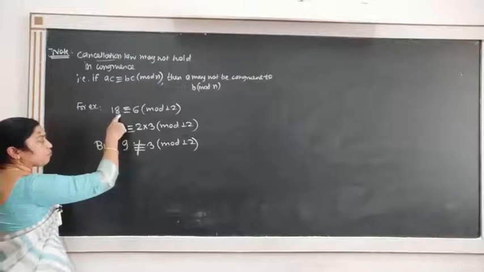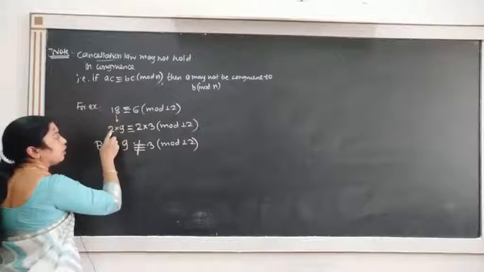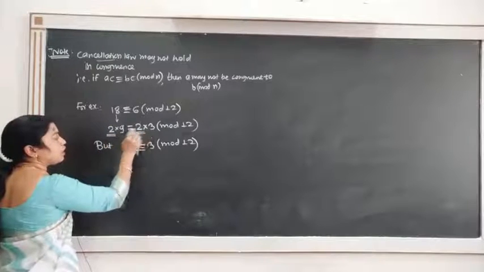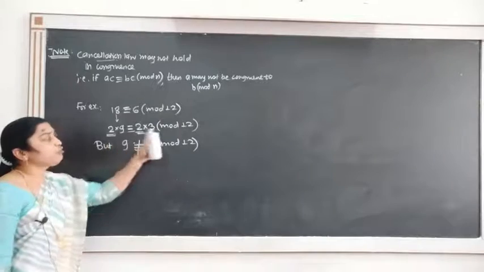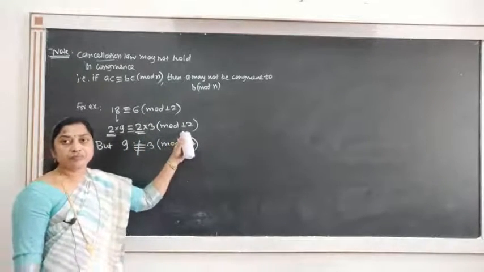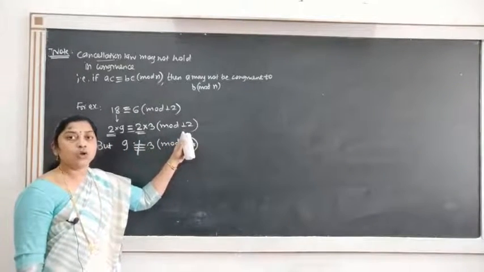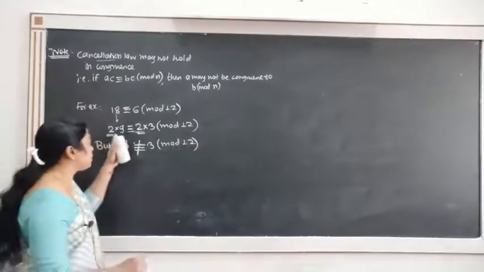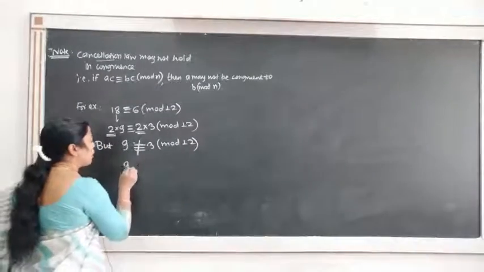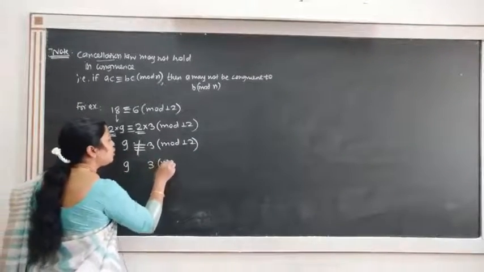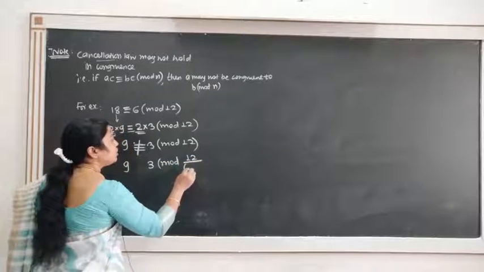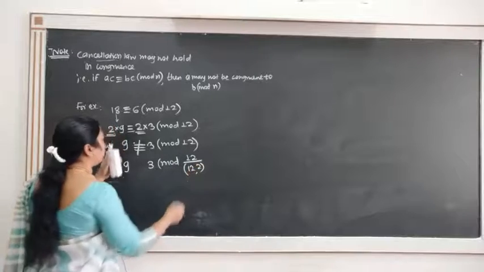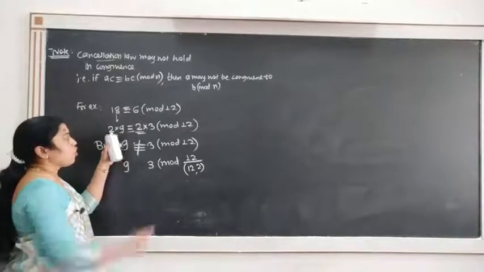But observe that if you see this common multiple, that is 2 and 12, the GCD of 2 and 12 is 2. So this remaining part, 9 and 3, is congruent modulo 12 divided by GCD of 12 and 2, because 2 is the common number.